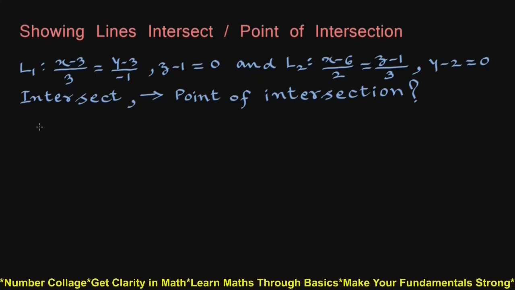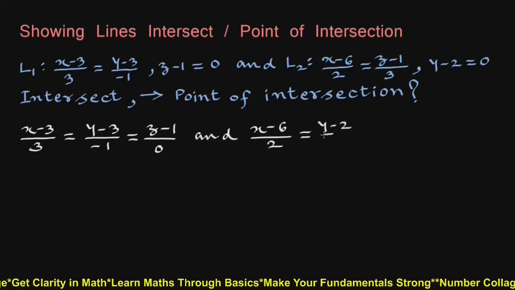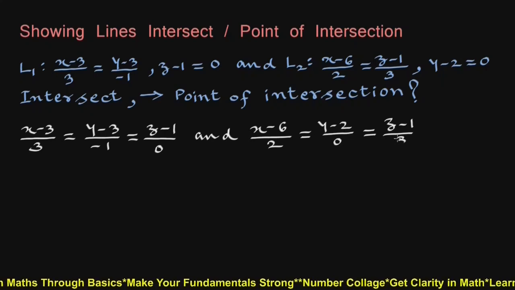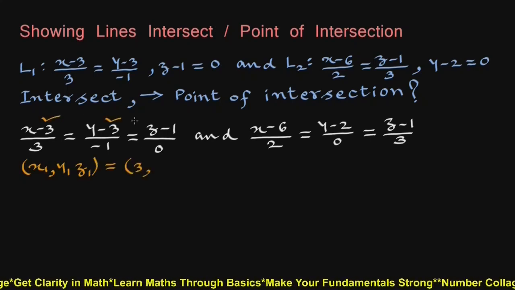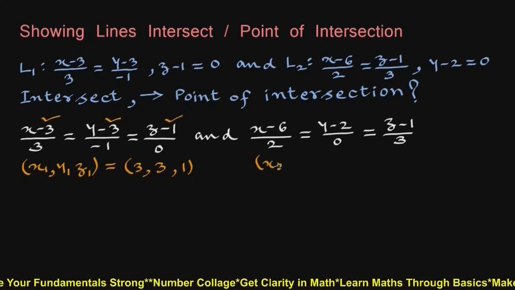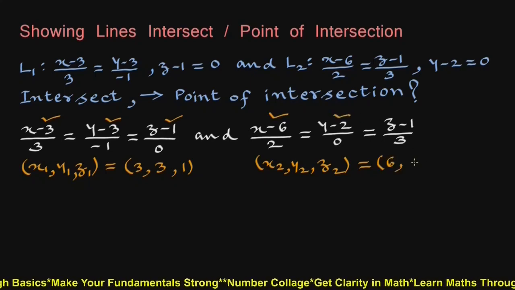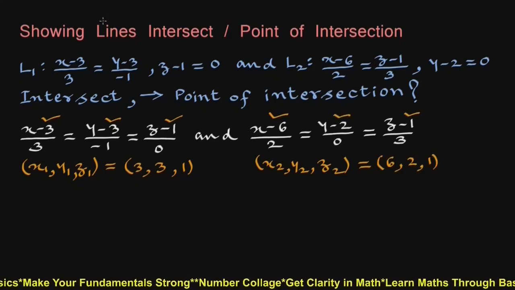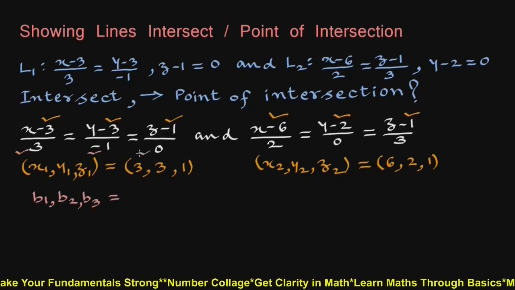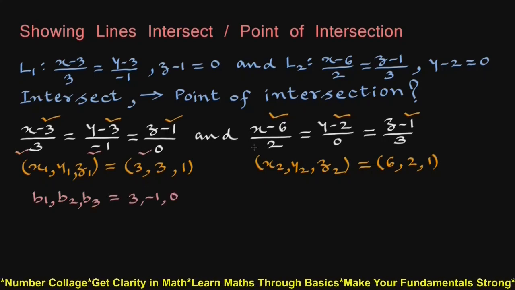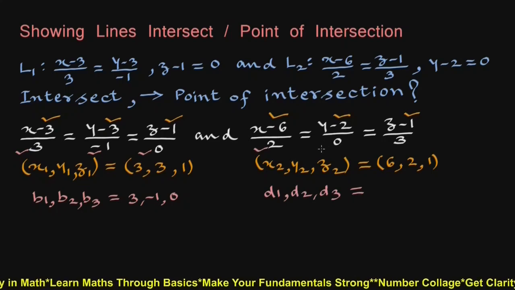First we will rewrite L1 and L2 as (z − 1)/0 and (y − 2)/0 = (z − 1)/3. Here the given point on the line is (x1, y1, z1) = (3, 3, 1), and the point (x2, y2, z2) on the second line L2 is (6, 2, 1). The DRs of the vector parallel to L1 are b1, b2, b3, which are 3, −1, 0, and the DRs of the vector parallel to the second line L2, d1, d2, d3, are 2, 0, 3.